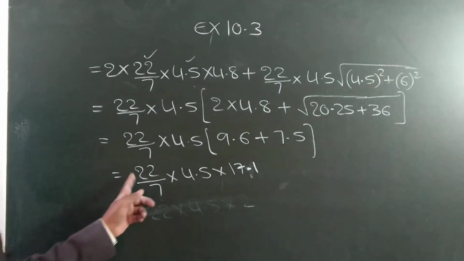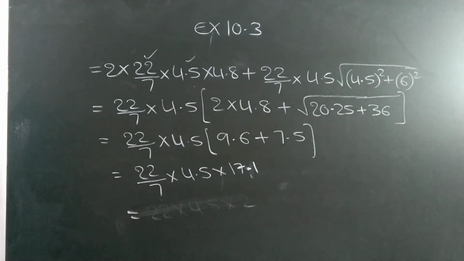Multiply the numerators and divide by 7 and get the simplification, because the simplification is lengthy. Students, you do it.